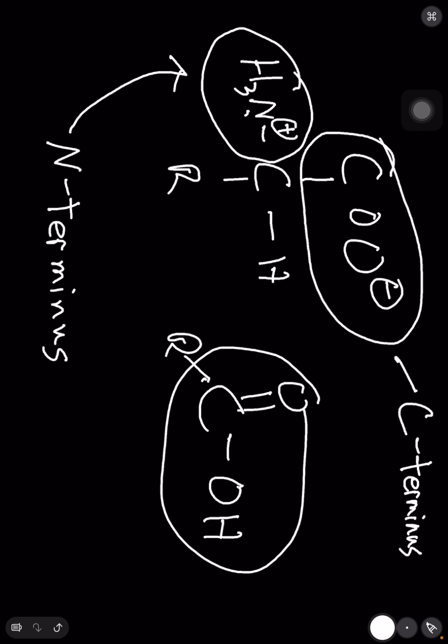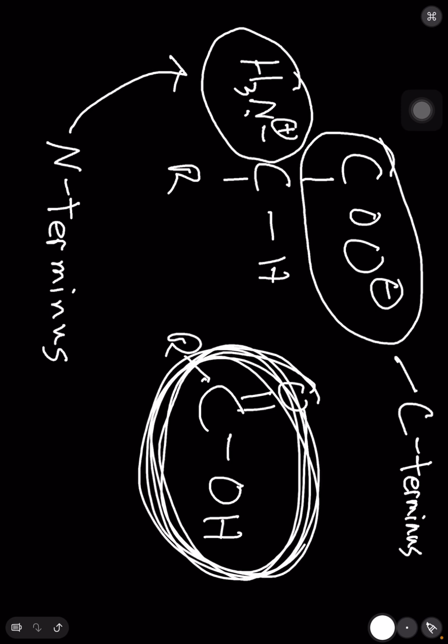When it's deprotonated, it's NH2, and it's neutral. When the carboxy terminus is protonated, it's in the carboxylic acid state, and it's neutral. If it's deprotonated, it's negative, and it looks like this, where this single oxygen has a negative charge, and then it's overall negative.